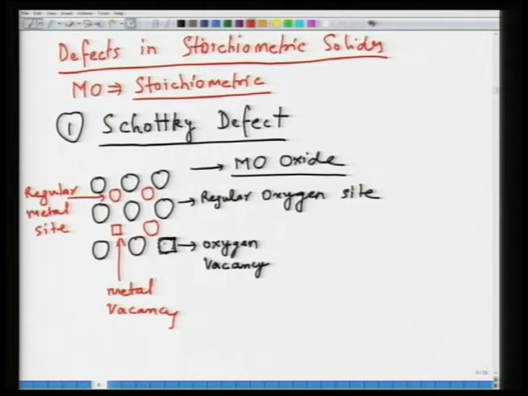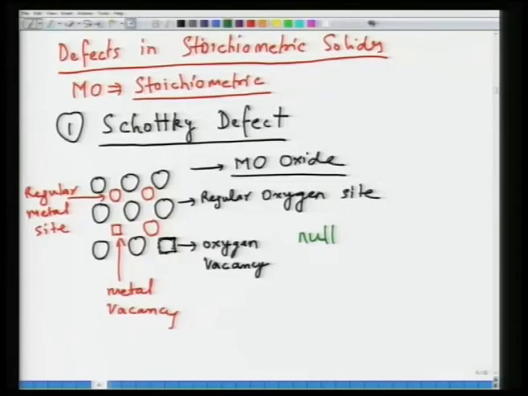Again you see that you maintain the site balance: for each oxygen site, a metal site is missing, which means the whole stoichiometry of the crystal is maintained. And now, how do you maintain the charges? The way I write this defect reaction is, null, which is equivalent to 0, because the creation of a vacancy pair basically leads to nothing, right. So, null leads to V_M plus V_O.